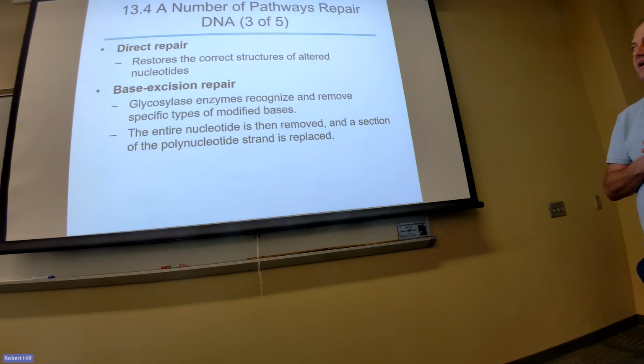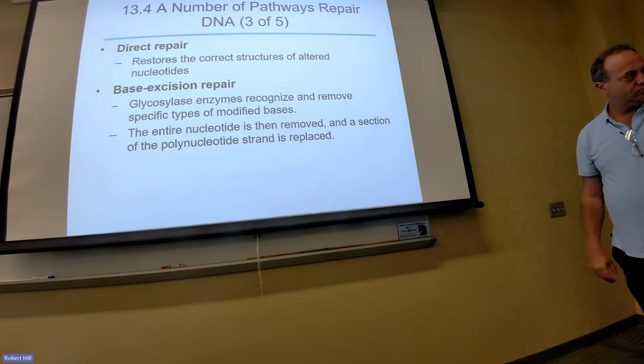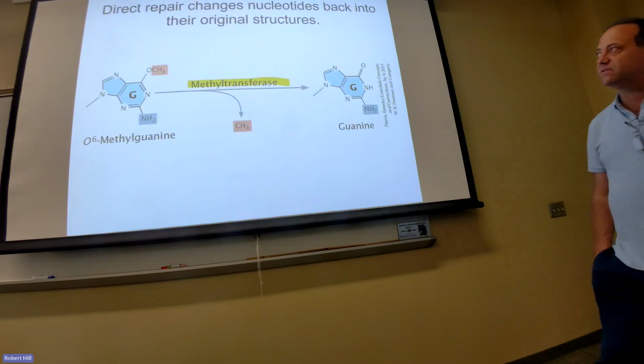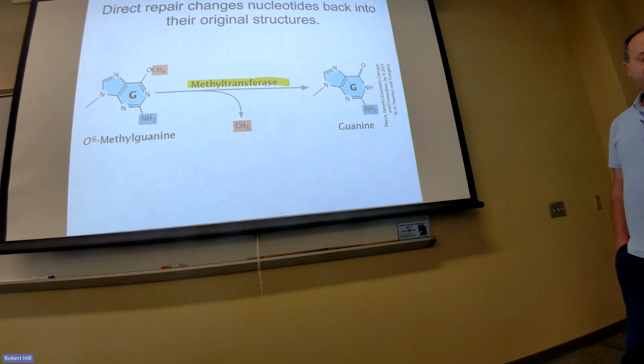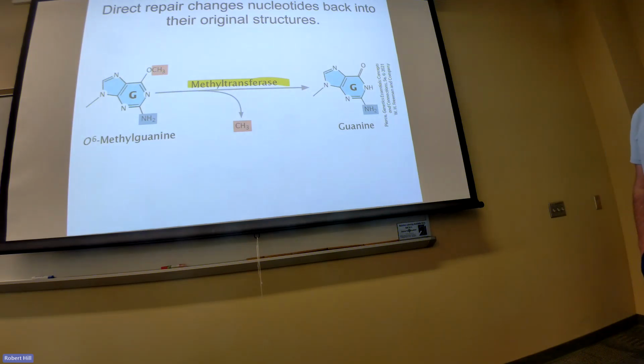And in this instance, they remove the entire nucleotide and then they replace it. Okay, so direct repair works on the molecule. Base excision repair removes the wrong molecule and puts in the correct one. A good example of this would be methyltransferase. So methyltransferase can remove that alkyl group up there, methyl group, and now you have the correct form of guanine.